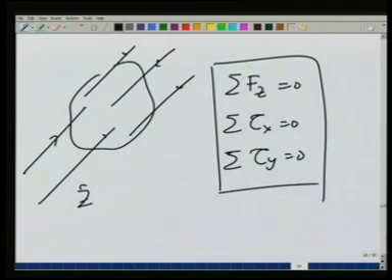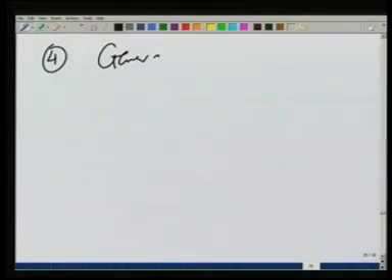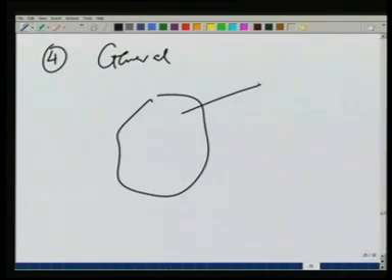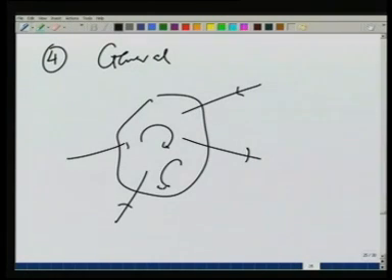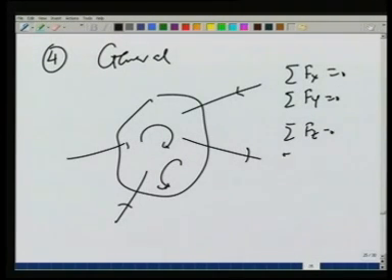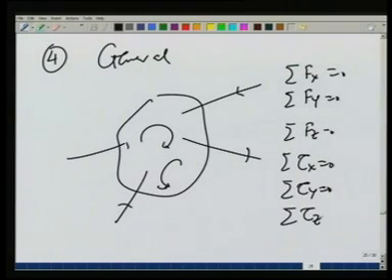Of course, if none of these is satisfied, in general we have the general condition. If there are all sorts of forces and all sorts of torques applied, in that case of course we have summation f x is equal to 0, summation f y is equal to 0, summation f z is equal to 0, summation tau x is equal to 0, summation tau y is equal to 0, and summation tau z is equal to 0.